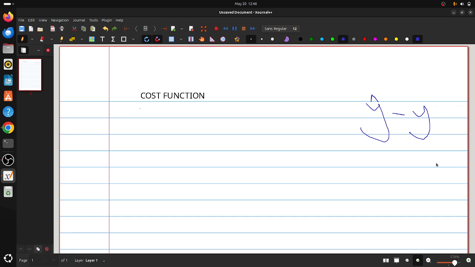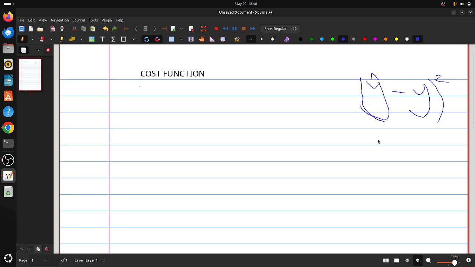So we have two options: either squaring this value, or taking the absolute value of that difference. And we said it is better to take the one with the square, as you saw in our cost function that it was dealing with the square up here, not the absolute value.